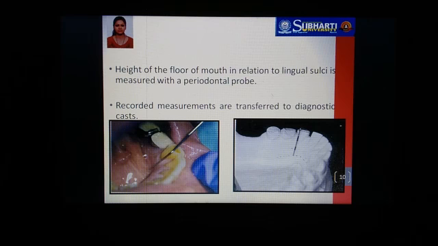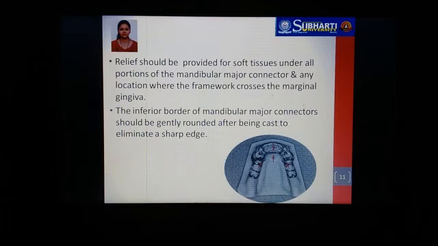For that we measure it with the help of the periodontal probe, and accordingly we select the design of the major connector. After we have measured the depth of the sulcus, we will transfer that onto our diagnostic cast. We will be dealing with the importance of this measurement later on.